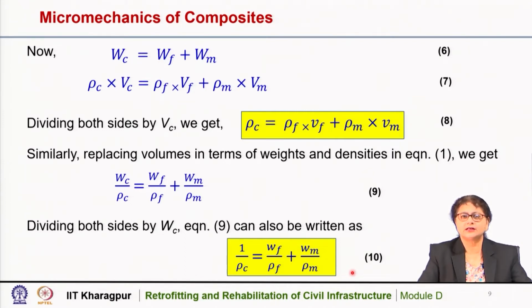So, the density of the composite can also be written in terms of their weight fractions and the densities of fiber and matrix. Here in this equation, the density of the composite can be written in terms of their volume fractions, and here it is written in terms of their weight fractions and also with the densities of fiber and matrix.